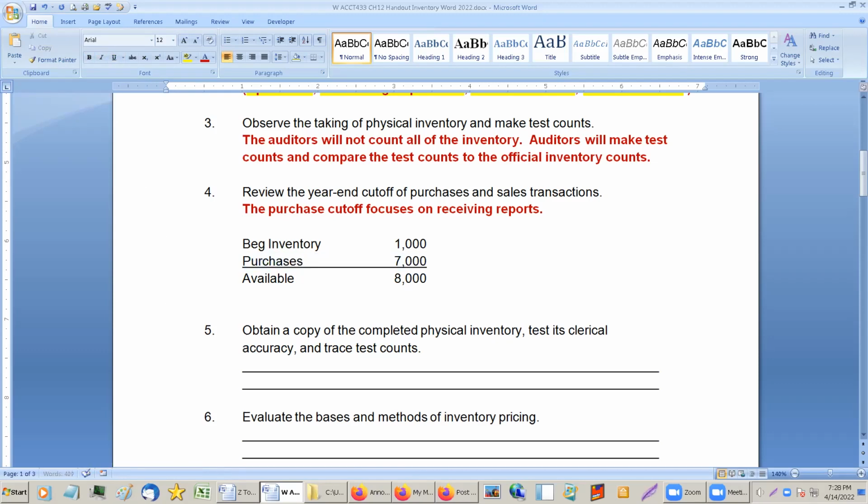And then you subtract out your ending inventory, because your ending inventory is not sold.